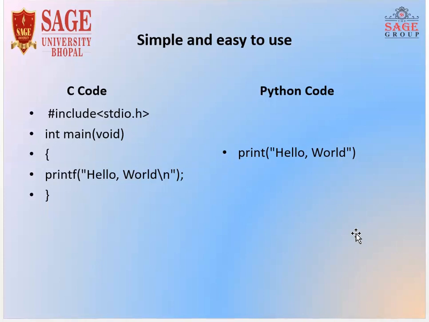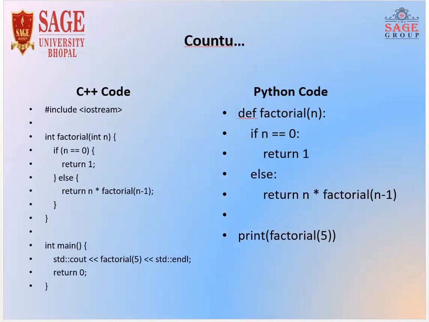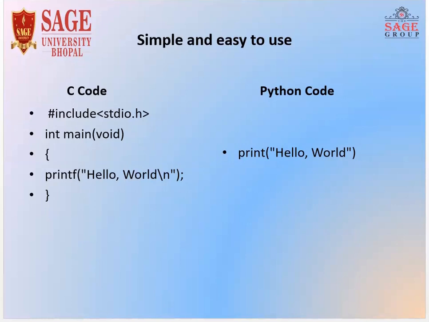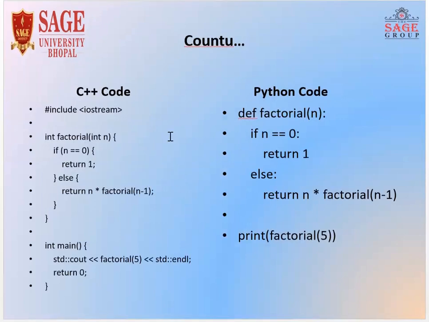To understand more about this feature, simple and easy to use, we can see here. We can also compare Python code with C++ code. In this code I have written a factorial function. As you can see here, this factorial function is almost the same in C++ code and Python code.